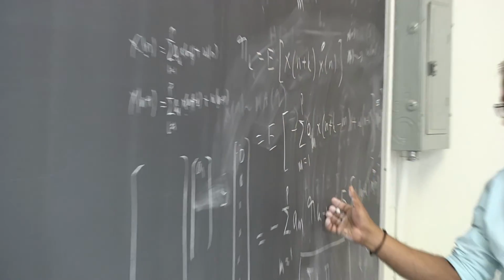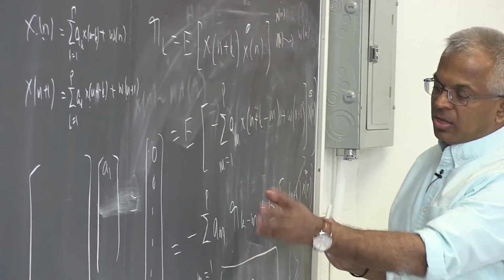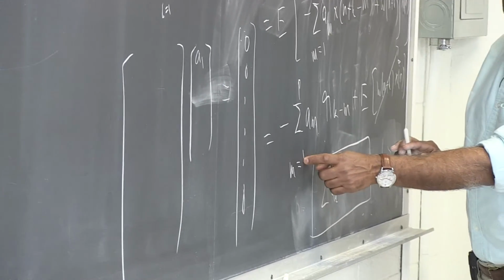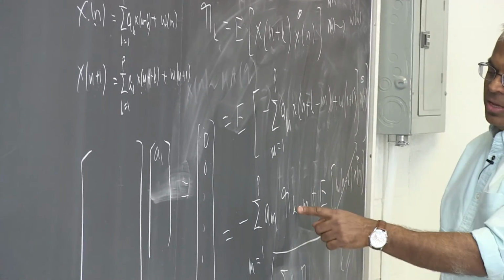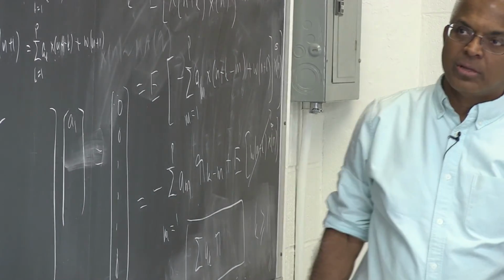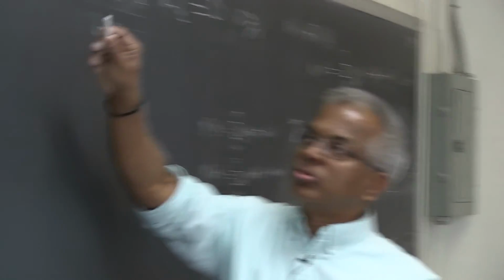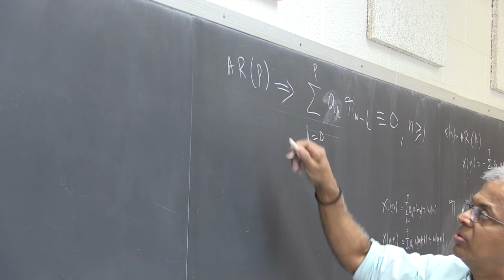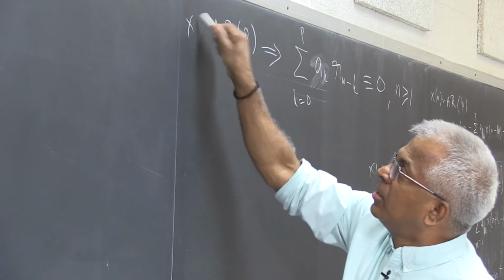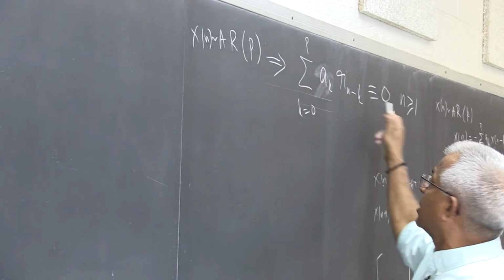Let me bring this Rk to this side. Remember, this is gone. So I can put m from 0 to p. I just rewrote m in terms of k, and instead of k I put n. That's all. So the conclusion is for an AR(p) process, this is true. If x of n is AR, then its autocorrelations satisfy this.